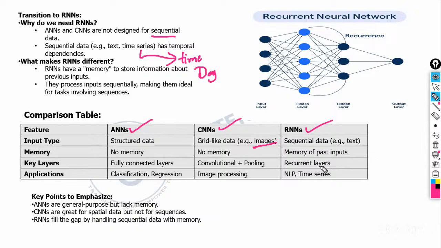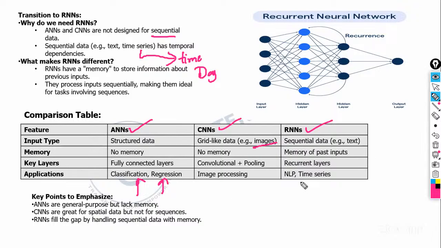What are these recurrent layers? You'll understand, friends. When it comes to applications, ANNs are generally used for classification and regression tasks. For CNNs, we use them for image processing, since they work on image-related data: image classification, image segmentation, object detection, and so on.